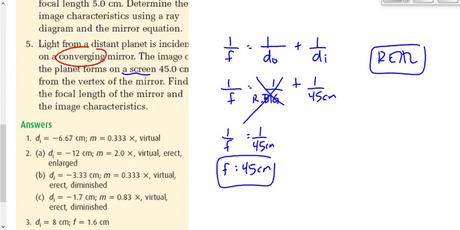Is it bigger, smaller, same size? Let's try this. M is equal to negative di over do. M is equal to negative 45 over something that's really, really big.